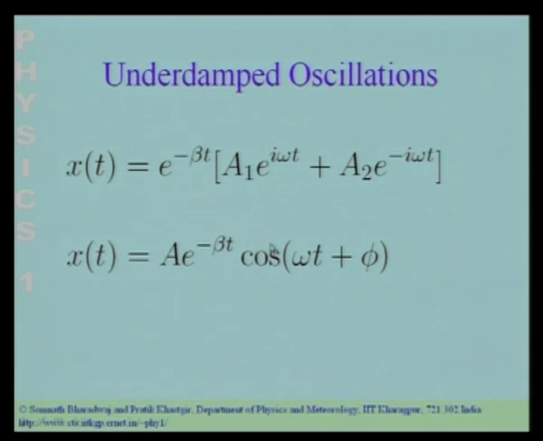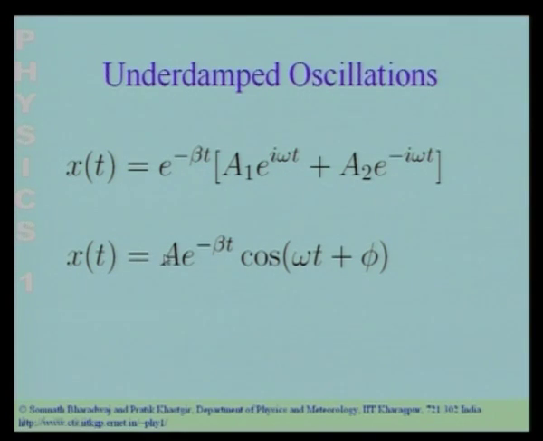So you have a sinusoidal oscillation with amplitude A. A cos omega t plus phi represents the simple harmonic oscillation which we had discussed earlier. But now you have an extra feature, the amplitude of this oscillation keeps on falling exponentially as the oscillation proceeds, and this is the big change which occurs due to the damping. Damping causes the amplitude of the oscillation to decay exponentially in time.